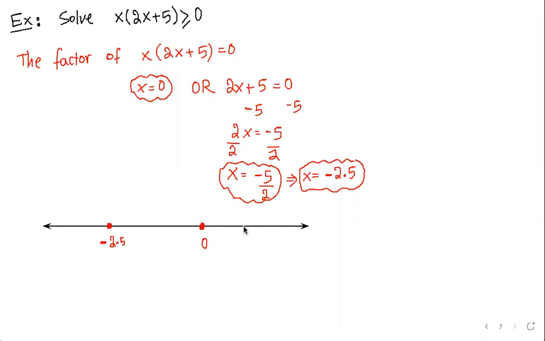What number would you like to pick greater than 0? 3. Plug the 3 inside this equation. What do I have? 3 times (2 times 3 plus 5). 2 times 3 is 6, plus 5 is 11. 3 times 11 is 33.